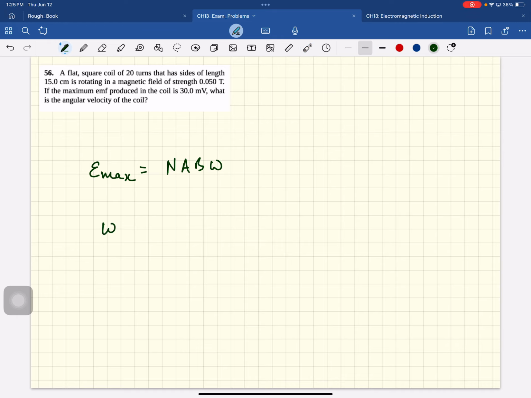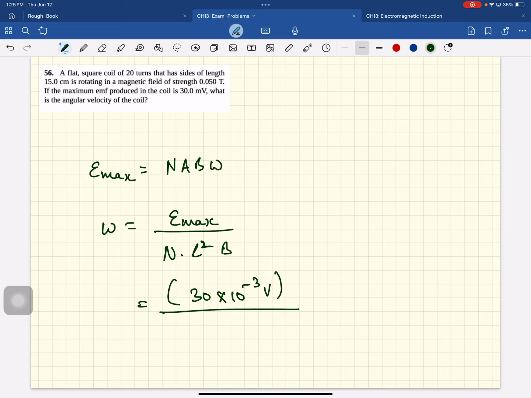So angular velocity is Emax divided by N L squared B. Emax is 30 millivolts, N is 20 turns, L is 15 centimeters, 15 into 10 to the minus 2, squared.